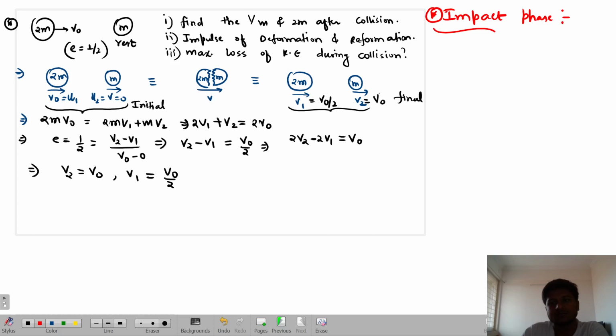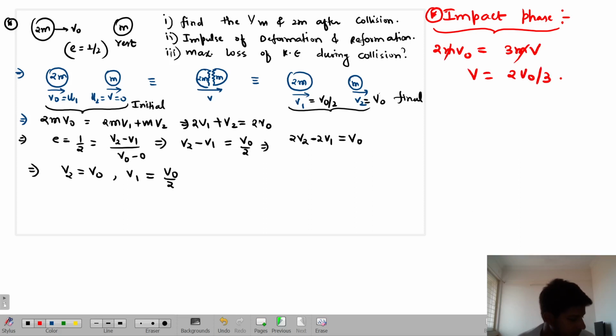Look over there, they are moving with common velocity. So I can write the equation directly: 2m v naught is equal to 3m into v. Cancel m, or v is equal to 2 v naught by how much? 3. Are you able to get me or not?